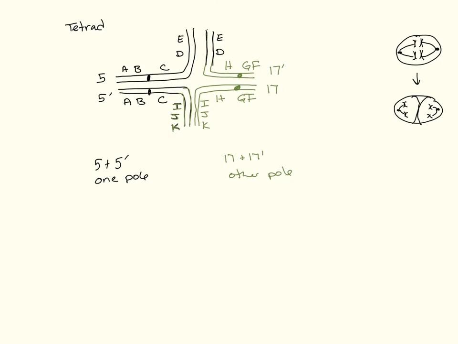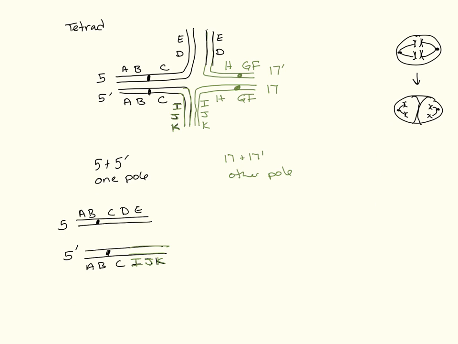And if that were the case, now you're going to end up with one daughter cell that has the normal 5, and that same daughter cell will also have the 5 prime. That's the translocation part.